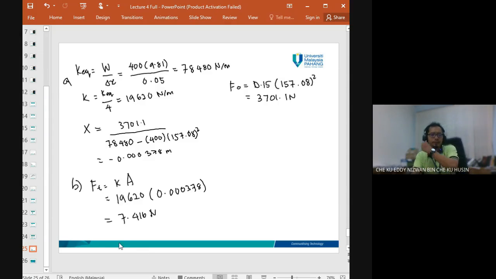They need the answer in newtons, so make sure all the units are in SI units and then you can straight away get the answer in SI units. Okay, I think that's all for forced vibration.